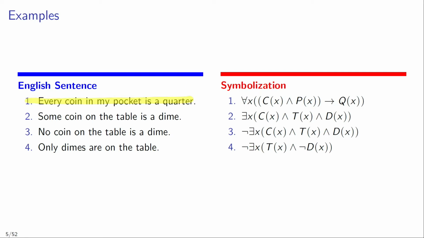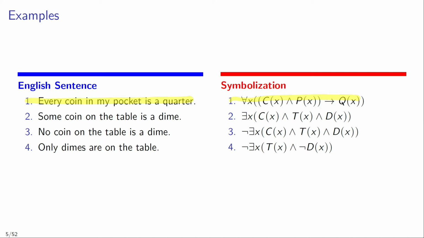So here I'm symbolizing the predicate is a coin by means of the capital letter C, the predicate is in my pocket by means of the capital letter P, and the predicate is a quarter by means of the capital letter Q. Now, given this symbolization key, I can symbolize the sentence every coin in my pocket is a quarter by means of the universally quantified sentence for all x, if Cx and Px, then Qx.